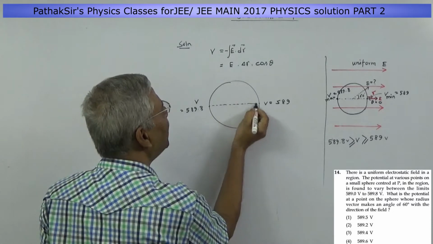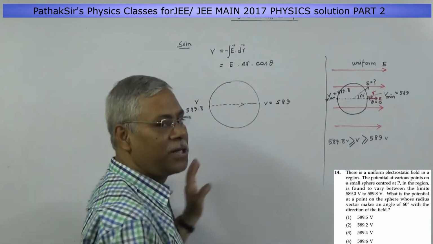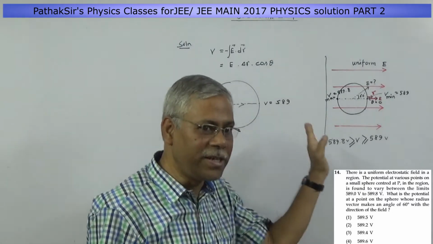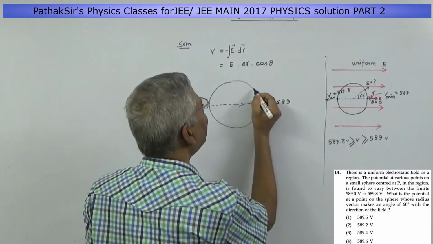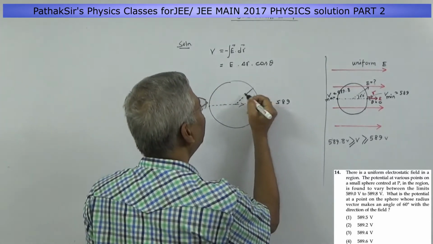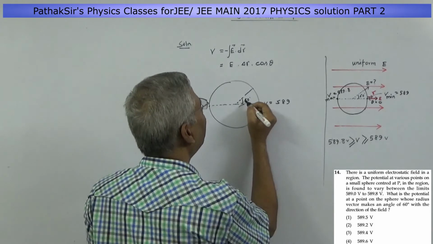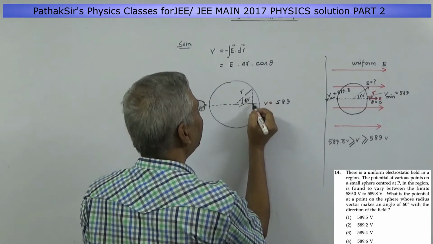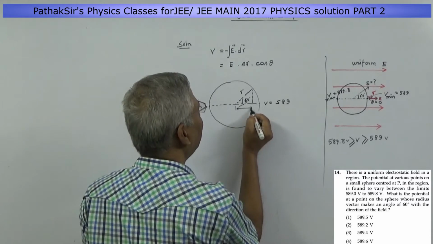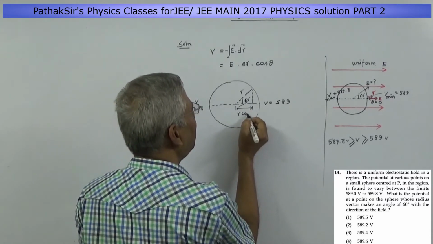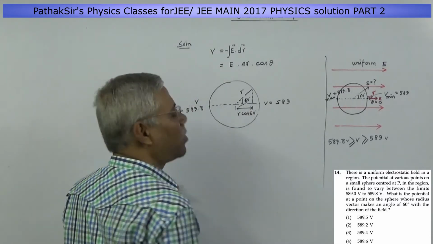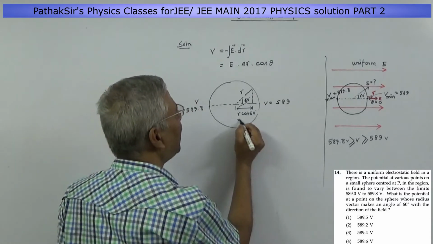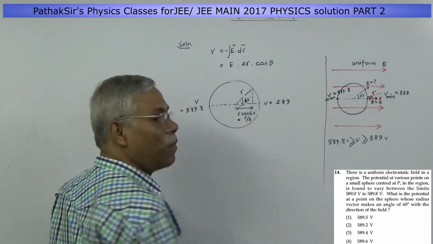This is the direction of the field, and the potential gradually decreases in this direction. You will have to find the potential at this point. This angle is 60 degree, the radius is suppose r, so this distance is r cos 60, which means r by 2.